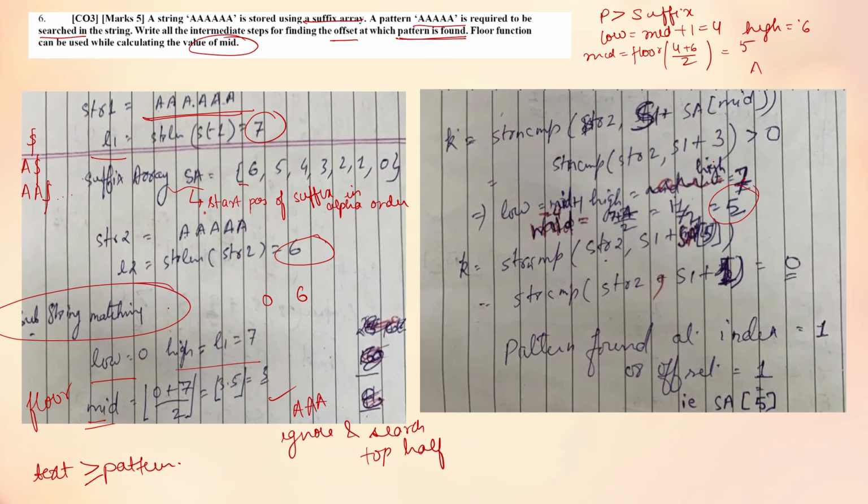Now retrieve SA of 5. This is the meaning of getting 5. We are basically retrieving a suffix here, and we get the exact pattern at mid equal to 5. Thus the pattern is found at offset 1 in the original string.